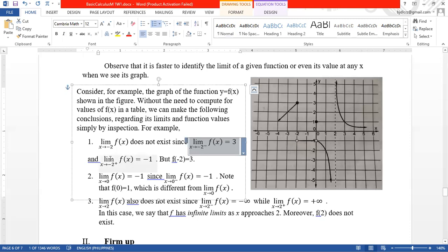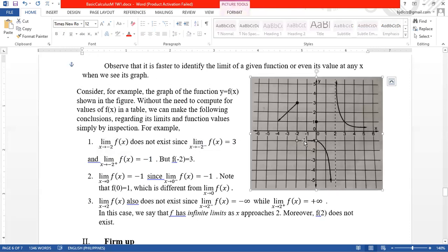Since 3 ang from the left, ang from the right is negative 1. So ang f of negative 2, tanawa atong f of negative 2, it is hollow. Then makita nato ang iyahang point is naa sa taas ng sumpay.